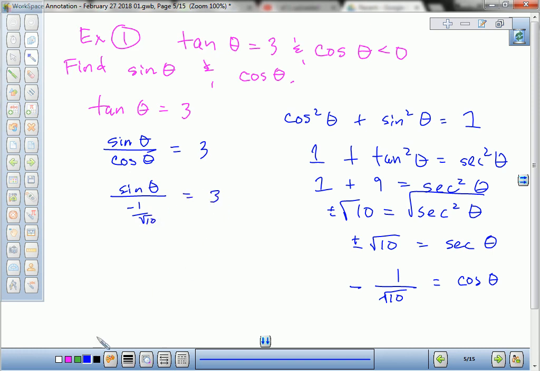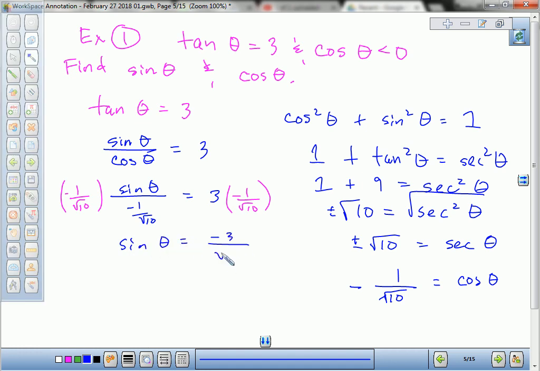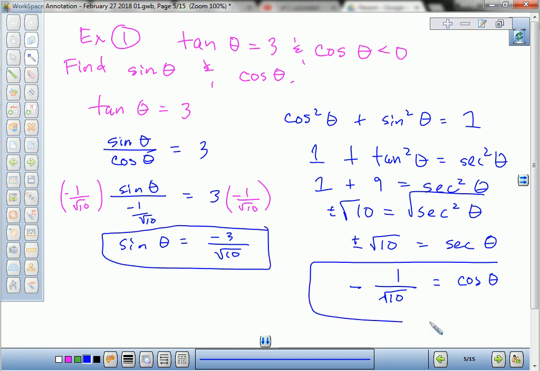So how would I solve for sine? Times by negative 1 over root 10. So we get sine of theta equals negative 3 over the square root of 10, and leave that radical there. You can leave that there. We're good.